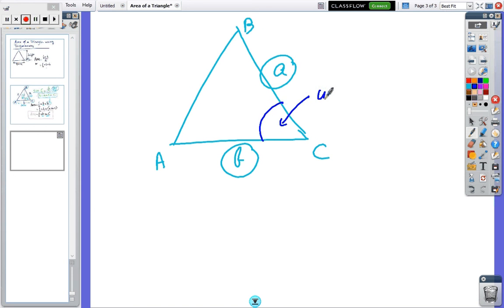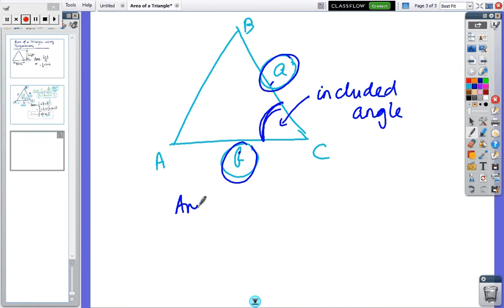So that's the included angle. If you have two sides and the angle in between them, you can find the area of the triangle. So again, you'll just write it down on your cheat sheet. Half ab sine C. So you need two sides and the angle in between them. And that's how it's straightforward.